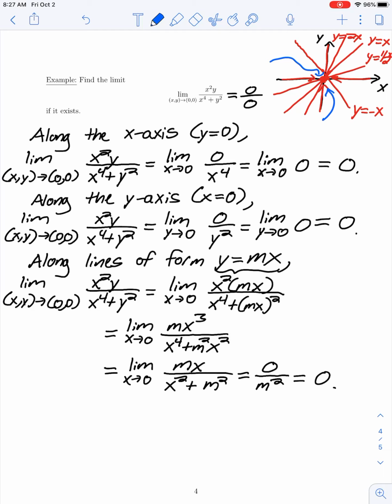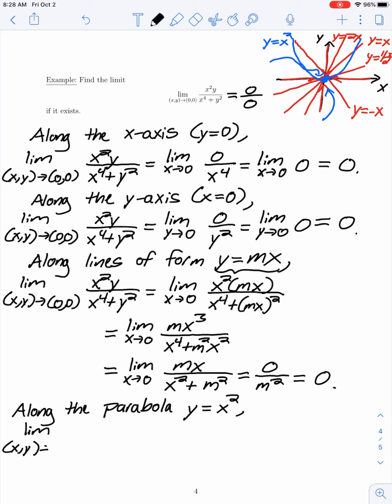So if we've exhausted all of the lines, well, let's try maybe parabolas passing through the origin. Let's say something of the form y equals x squared, the parabola whose vertex is at the origin. So let us consider the limit along the parabola defined by y equals x squared.